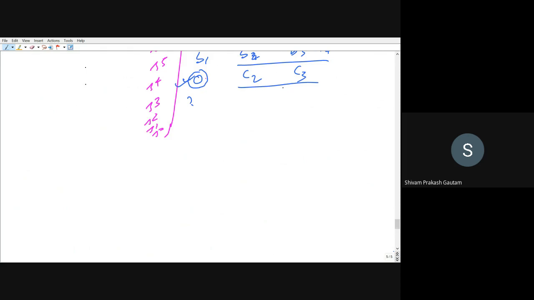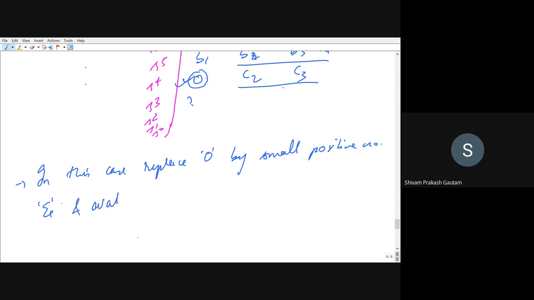In this case, replace 0 by a small positive number, which we are calling zeta, and evaluate the rest of the Routh table.